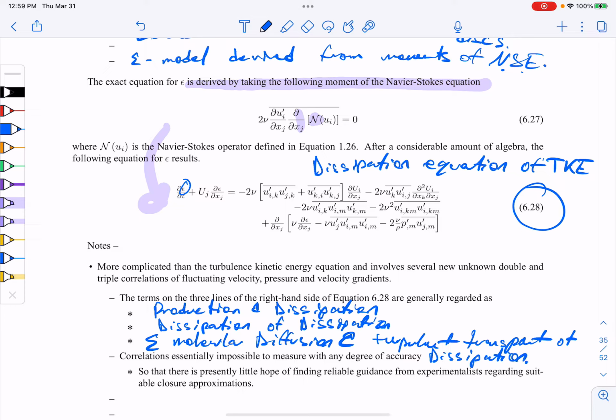So you see a term like this, dissipation of dissipation, that seems a bit confusing. But it's like the rate at which the turbulent kinetic energy is dissipating. So it's a transport model for the rate of dissipation of TKE. And so it has units of basically TKE per second, because it's the rate at which TKE is dissipating into heat and, in a real flow, also acoustic waves.